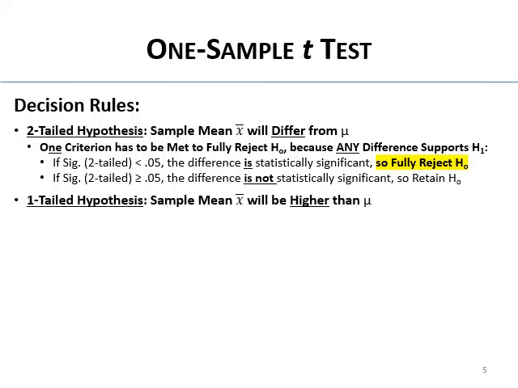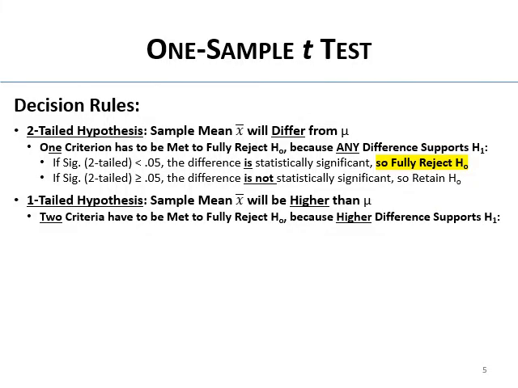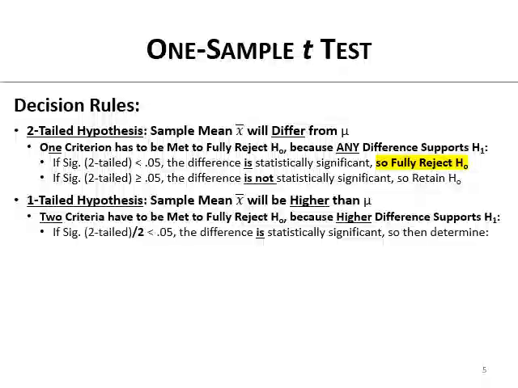So for one-tailed hypotheses, specifically in this case, we're hypothesizing that the sample mean will be higher than mu. Okay, so they're going to have a higher average. Two criteria have to be met. First of all, it's got to be statistically significant. So again, remember to divide the sig two-tailed by 2 when making this decision. That's piece 1.